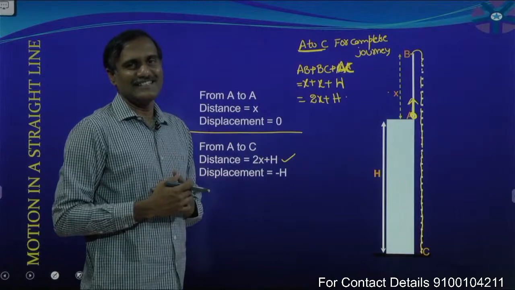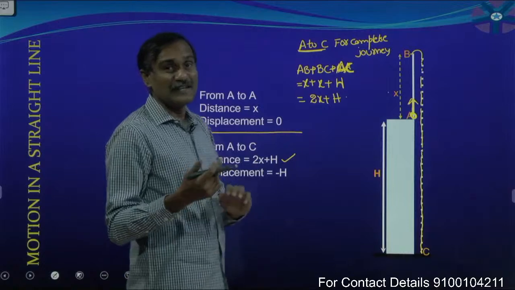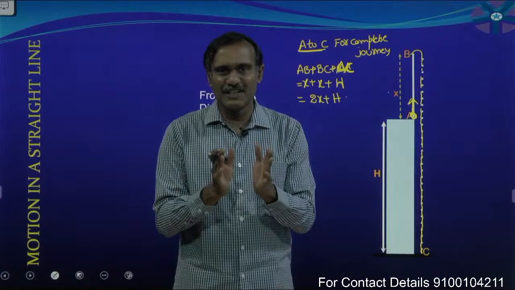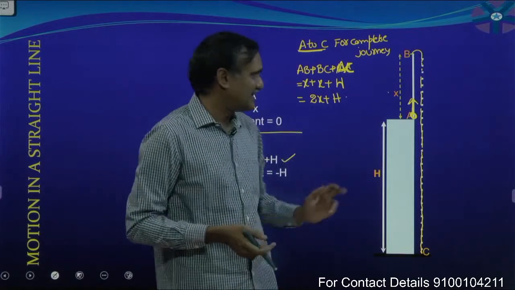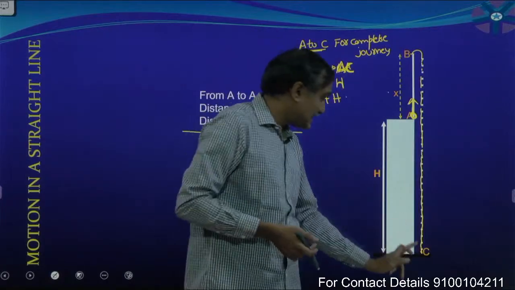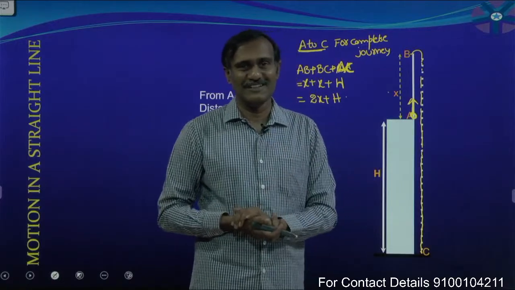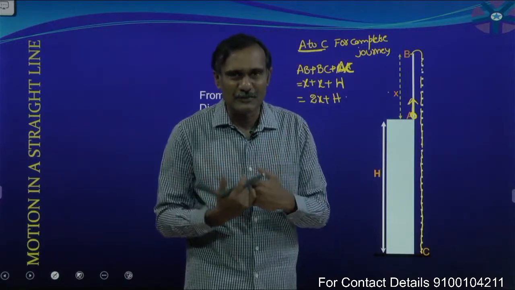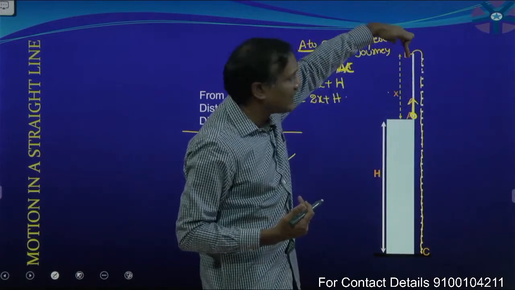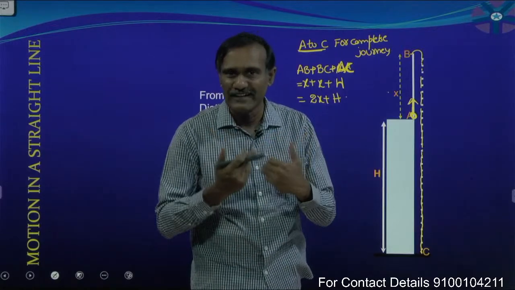Now, you calculate displacement for that complete journey. Displacement is nothing but final position minus initial position. For this complete journey, C is the final position, A is the initial position. Here I am assuming it is the y axis, for our known coordinate system.